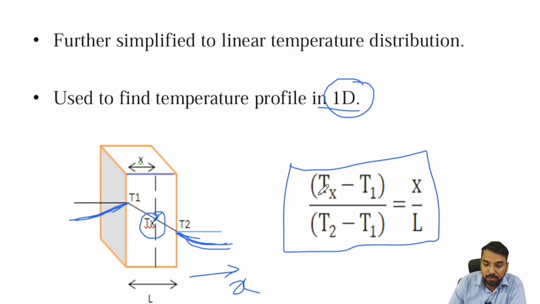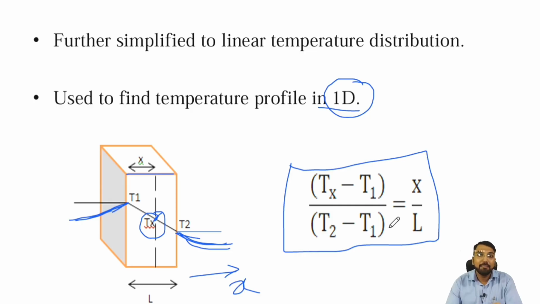So Tx minus T1 divided by T2 minus T1 is equal to x divided by L. x is the distance where we have to find the intermediate or in-between temperature, and L is the total length or total thickness or total dimension in the x direction. So simple is that.